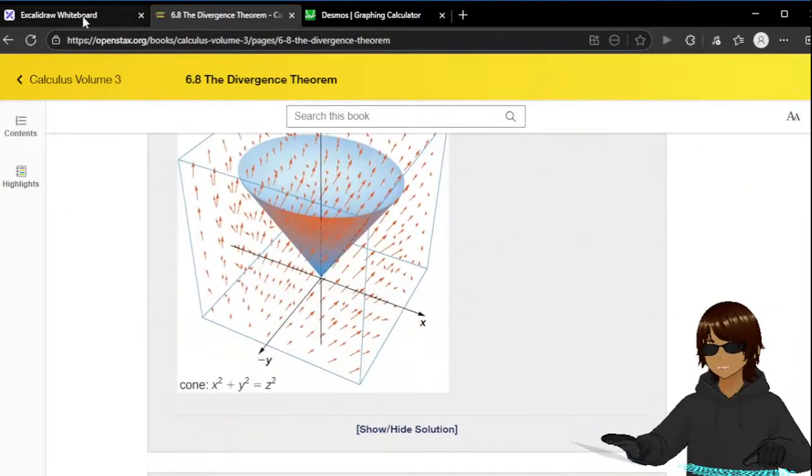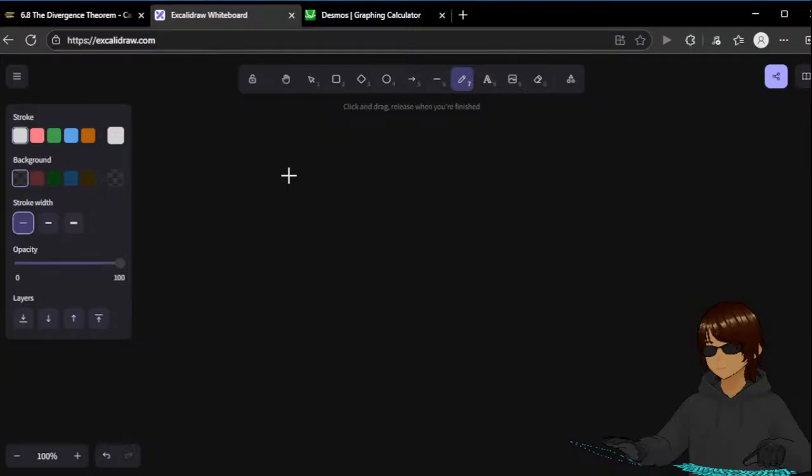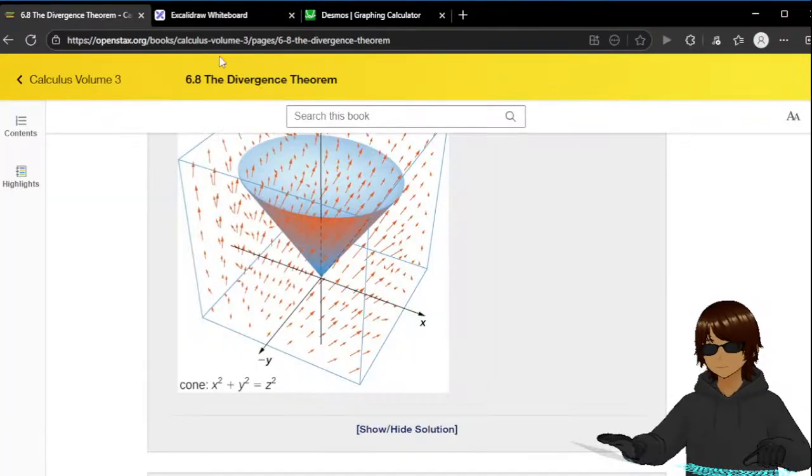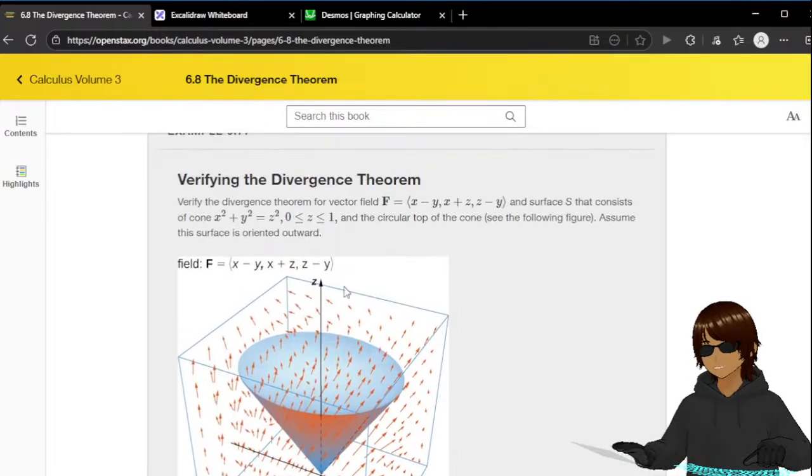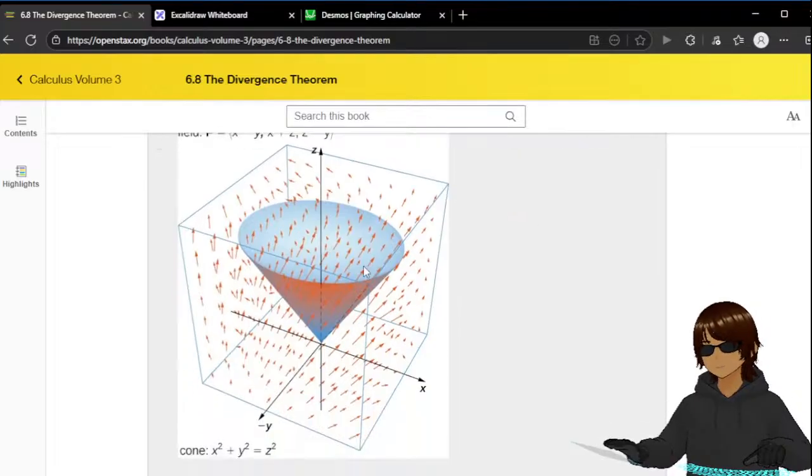So what they're saying is, the cone is defined like this.